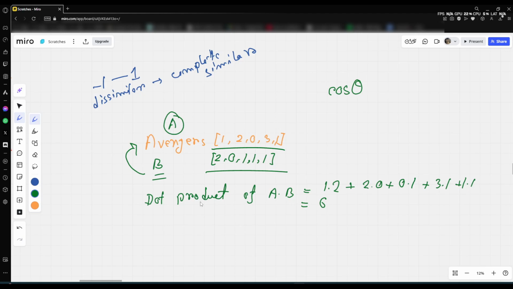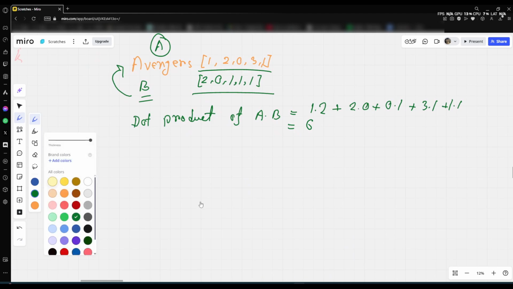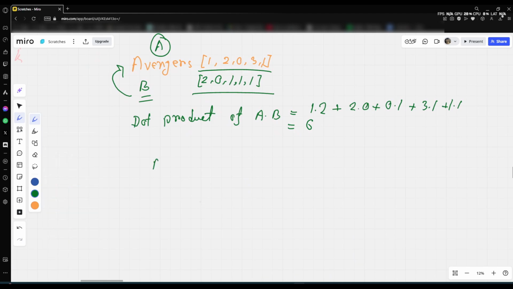Okay. Now we'll find out the magnitude of A and B from the Euclidean norm rule. So the magnitude of A and B is, we'll do it using Euclidean norm.